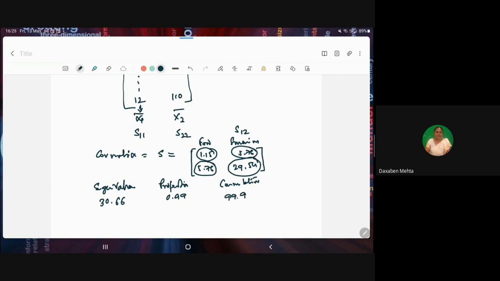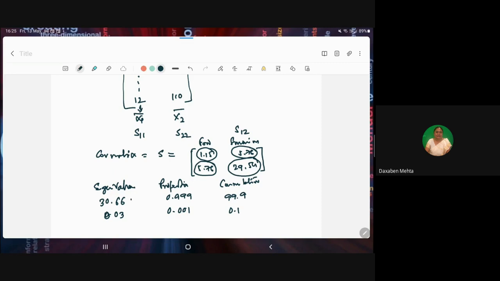And this value is 0.028. Consider this as 0.03, and it explains 0.001, that means 0.1%. This is the result.